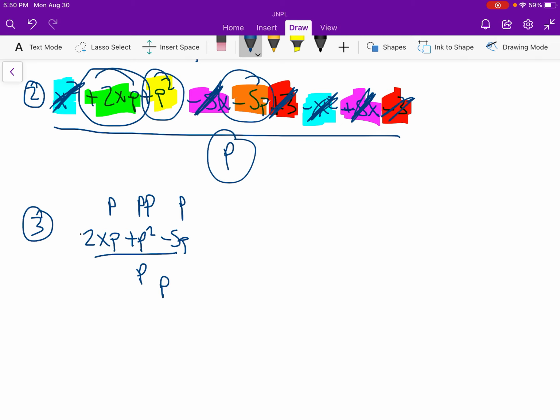To cancel them out, you take away 1 from every group until you can't take the same amount away from each one. So, goodbye there, goodbye, goodbye, and then only take 1 from there. So that means we have no more p here, no more p here, no more p here, and only 1p left there. So that gives us 2x plus p minus 5. And that is the answer.